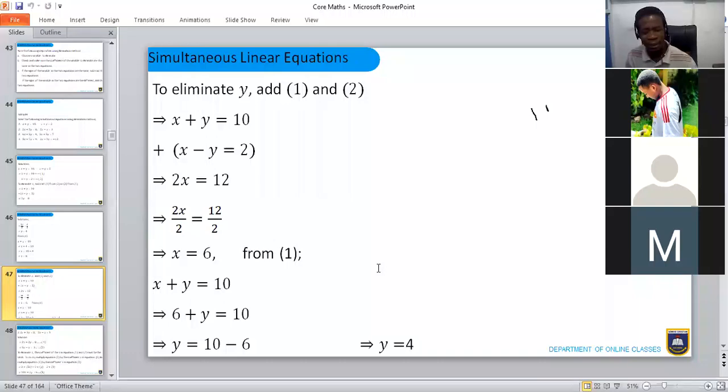After checking the coefficients, the next thing is to check whether the signs are the same or not. Over here, you can see that the signs are not the same. Y in equation 1 is positive, and y in equation 2 is negative. So what do we do at this point when we are eliminating y? What do we do? Perfect.